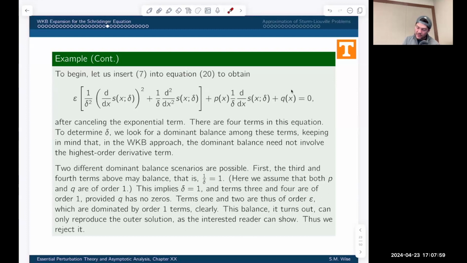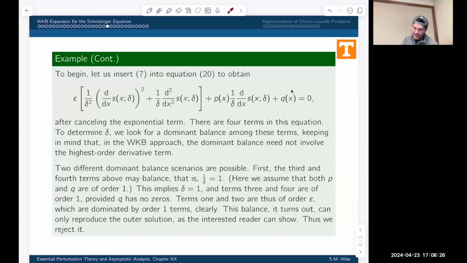It turns out in this case, there are 2 different dominant balance scenarios that are possible, which is kind of weird because when we did this using our other methods, there was only 1 dominant balance possible. So first of all, the 3rd and the 4th terms above may balance. If that happens, and this is order 1, then we find that 1 over delta is equal to 1.